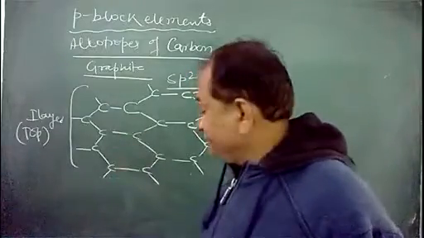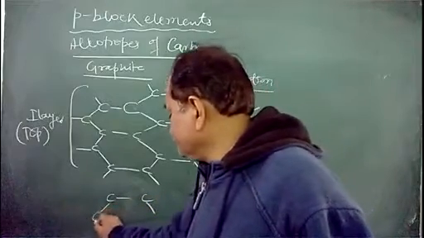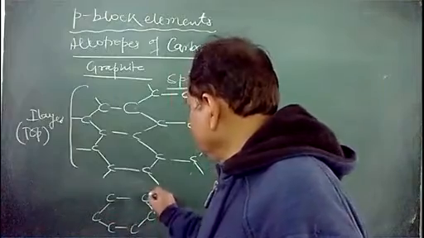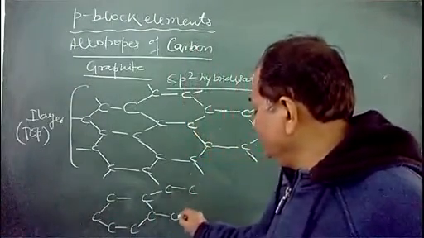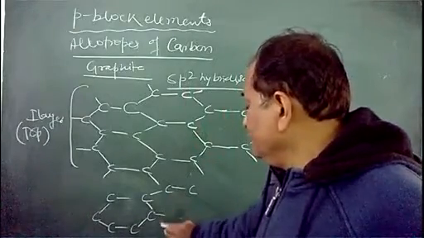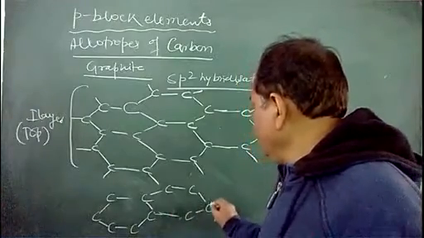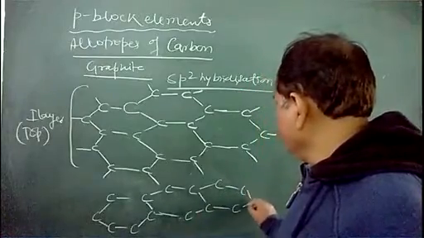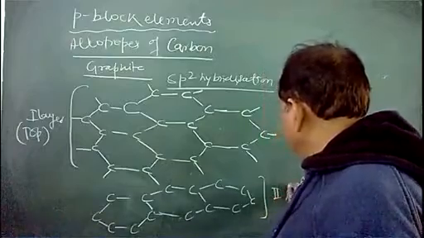Now below this we have this carbon. So each and every carbon, children, is bonded in a particular manner like this. This is, children, the second layer.